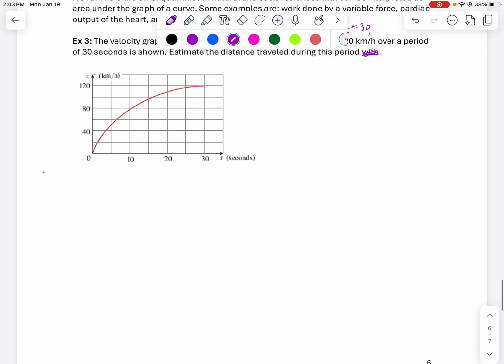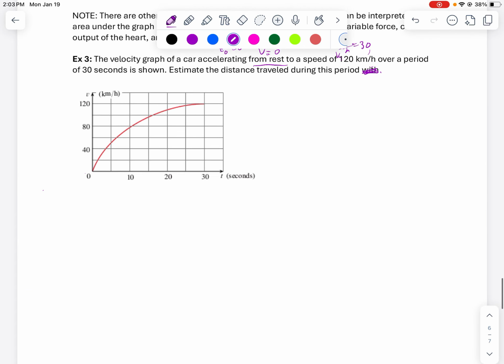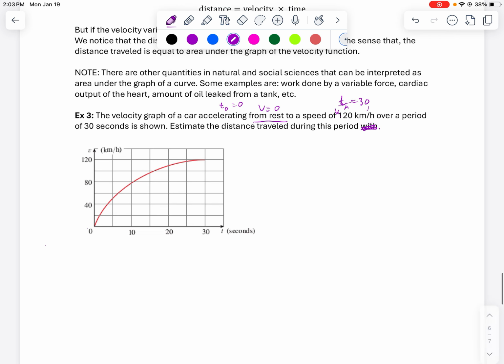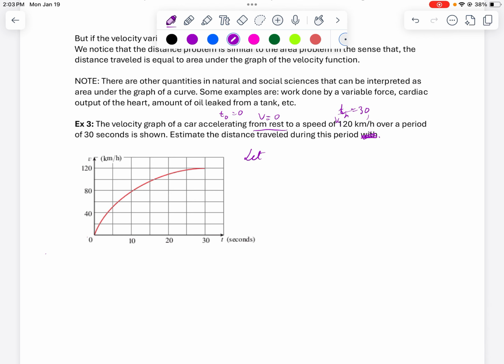So n, let us take n to be 6 because it makes sense. We have 3 values given here at the base, and we will take the half of the distance between the two points, 2 tick marks.